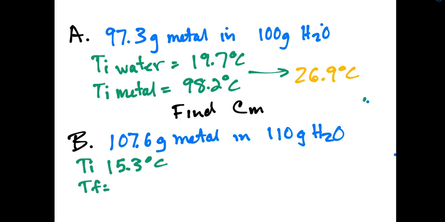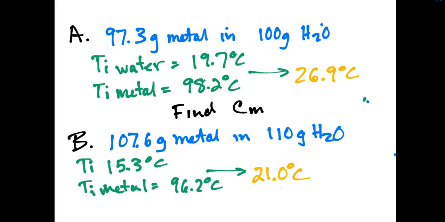And we'll say that the temperature of the metal initially was 96.2 degrees Celsius, okay? And then we will say together, when they got done, it was 21.0 degrees Celsius. And the question is, what is the specific heat of this metal? Okay, so practice those. Make sure you spell everything out like we did in the video.